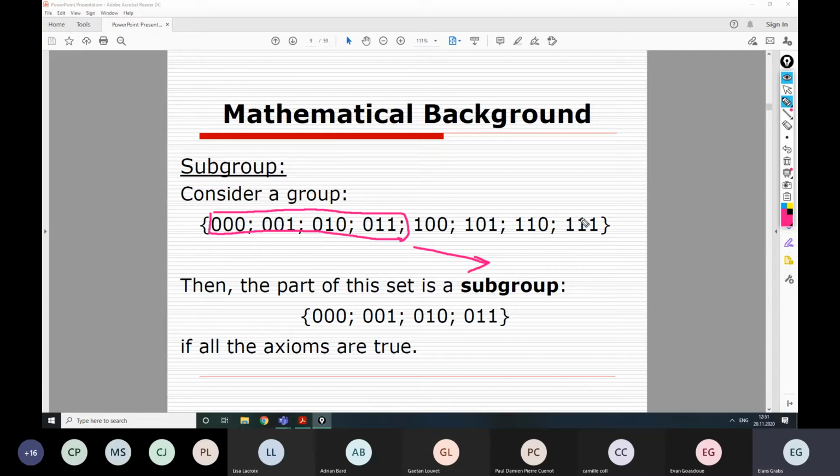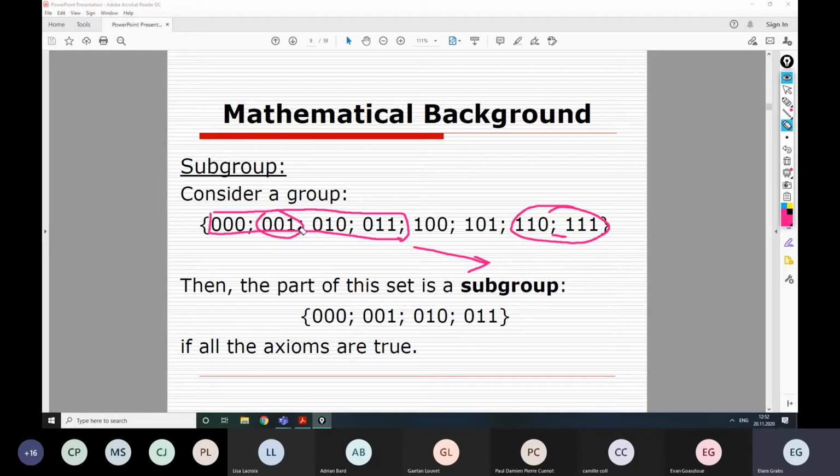If, for example, we select like this, it cannot be a subgroup since it doesn't contain the zero element, and it can also result in some element outside of the set. Yes, so take a subset of these two numbers. We add them up together and we would get this number which didn't belong here. Yes, so this cannot be a subgroup.